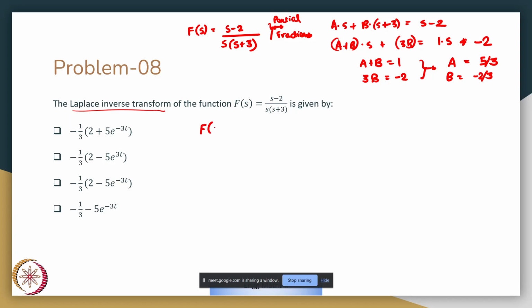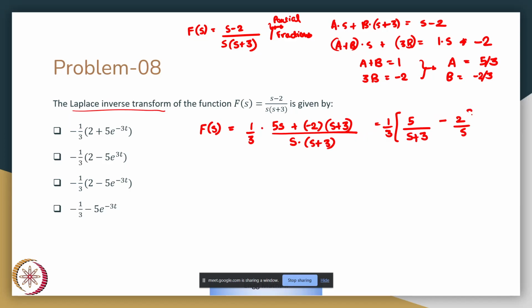Therefore, my function capital F of s ends up looking like 1/3 of (5s minus 2 times (s plus 3)) upon s times (s plus 3), which is 1/3 of 5 upon s plus 3 minus 2 upon s.